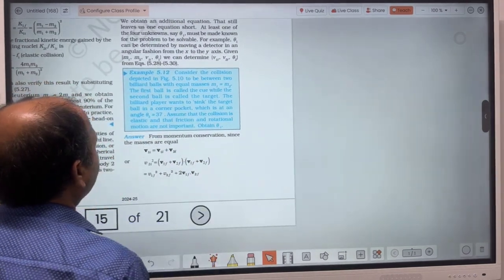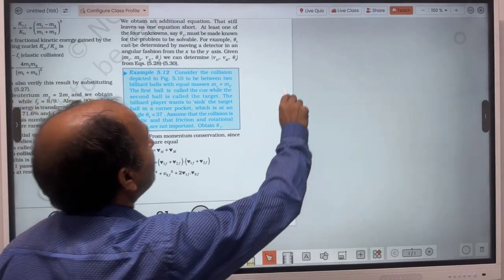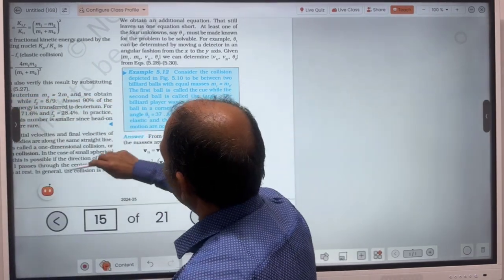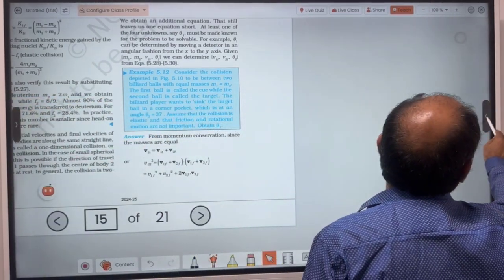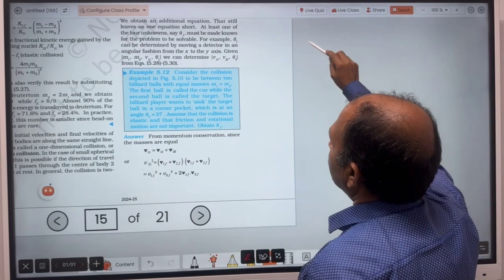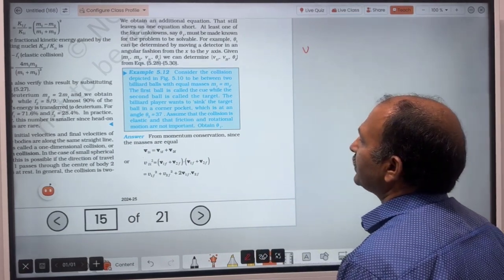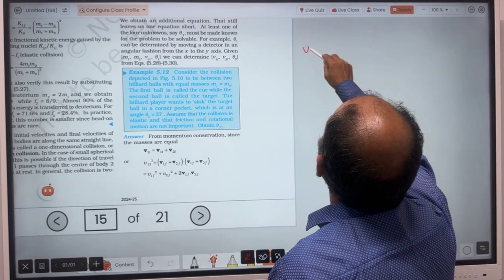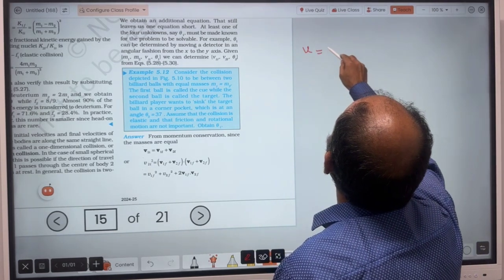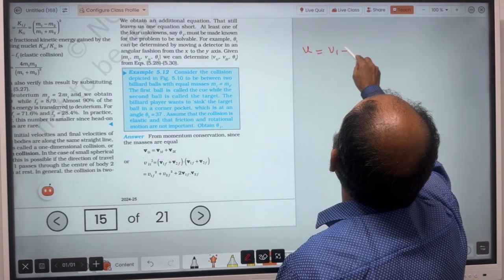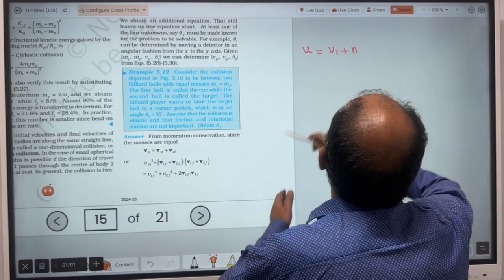The relation was: the first ball was moving with initial velocity u and the second ball was at rest. After applying the momentum conservation principle, we get u equal to v1 plus v2.